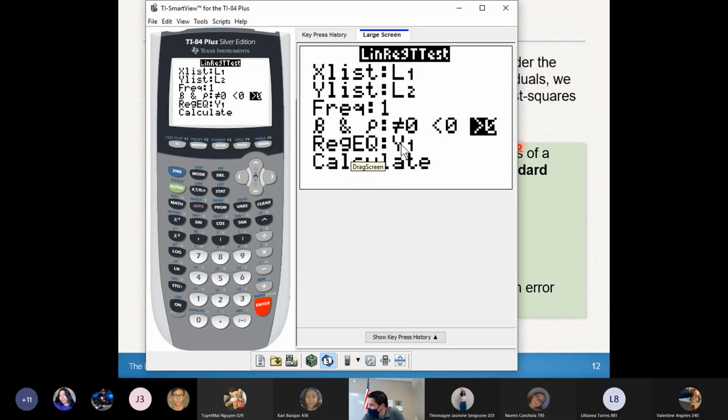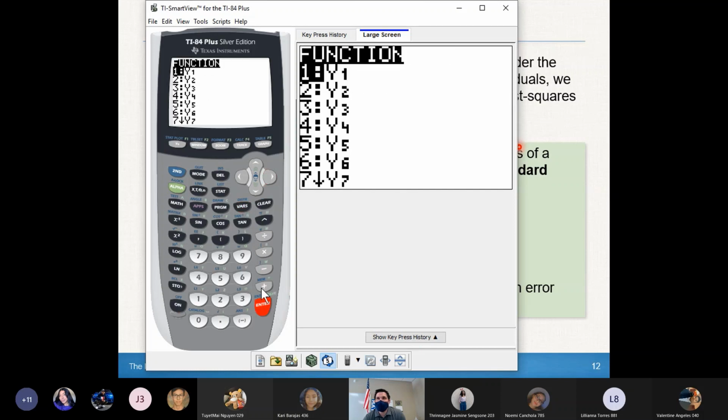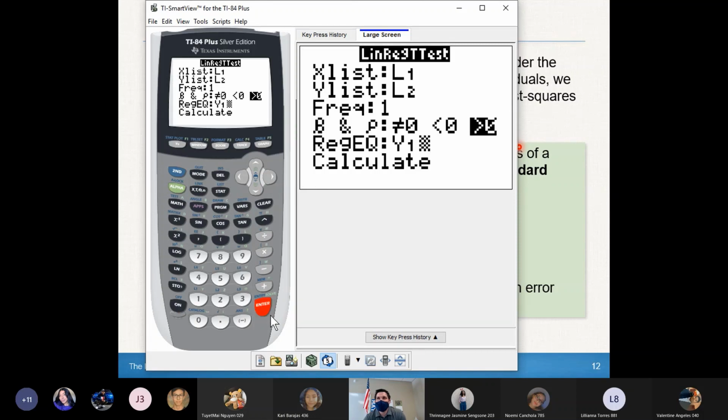That's where I had it stored from the previous one. So I've just told the calculator, this is where the equation is, use that. Otherwise, I'd have to type in the equation. To get this Y1, if we're highlighted in here, you just go to vars, Y-vars, function, and select function Y1. It just goes in there. And then we'll tell it to calculate.